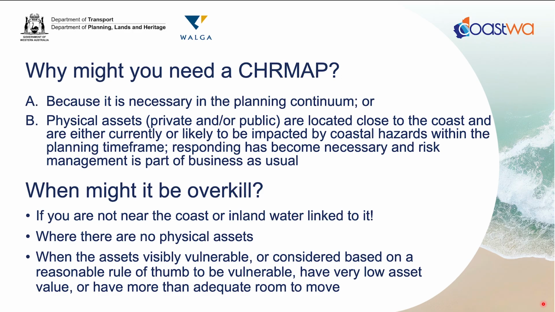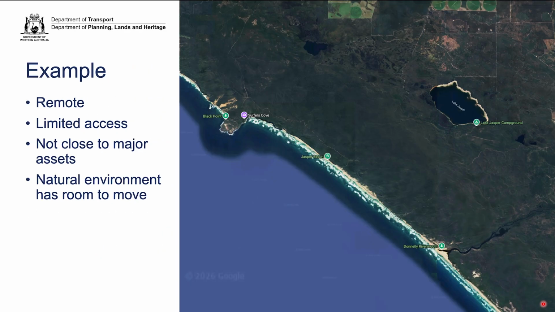relocate it. And this is an example of an area, this is sort of southeast of Augusta. It's very remote, it has limited access. I've just drawn a little access track in here. That access track is probably mostly used by fishermen and surfers, and it's not close to any major assets.